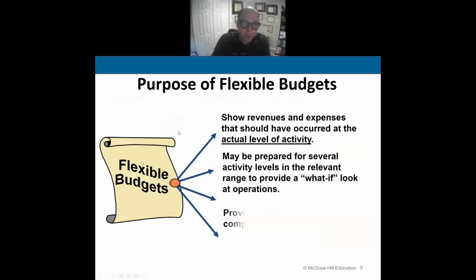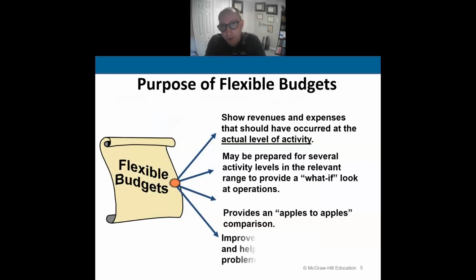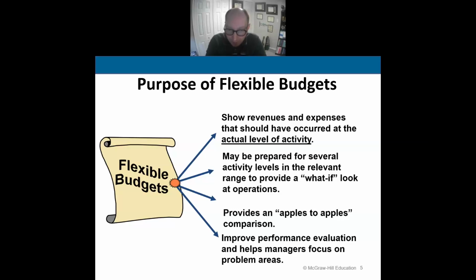The nice thing with flexible budgets is that I can adjust the budgeted amount based off the actual performance. I can say, oh, what if my sales were to increase? I can increase my budget for sales, and that will minimize the variance.